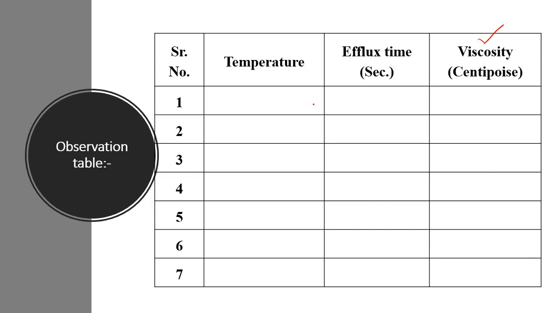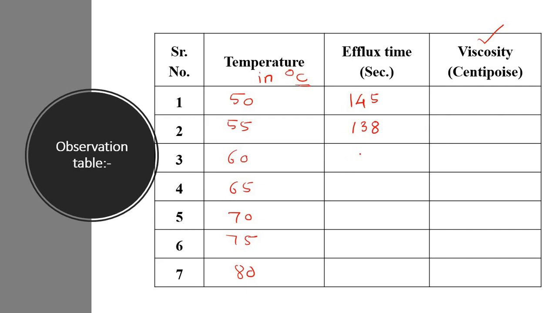Now we will see the temperatures and the efflux times. Suppose I am considering the temperature in degree Celsius like this. I have taken a 5 degree Celsius difference for the next reading. Suppose the efflux time for 50 degree Celsius temperature is 145 seconds. For 55 suppose it is 138 seconds.